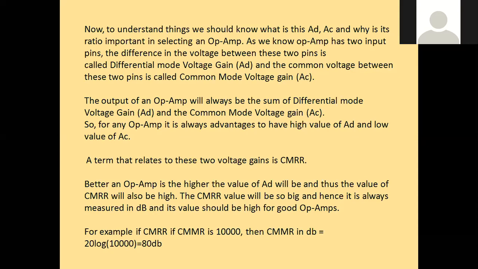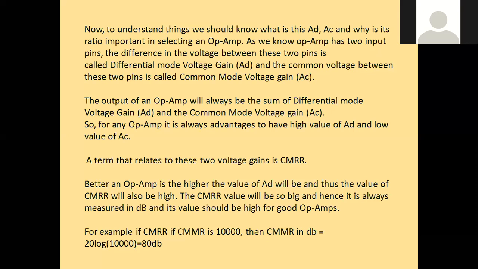If you want to calculate the CMRR in dB, then we have to apply the formula 20 log of CMRR, and here we have considered the value of CMRR to be 10,000. Then the value will be 80 dB. So if we find the log of 10,000 and multiply it by 20, we get the CMRR as 80 dB.